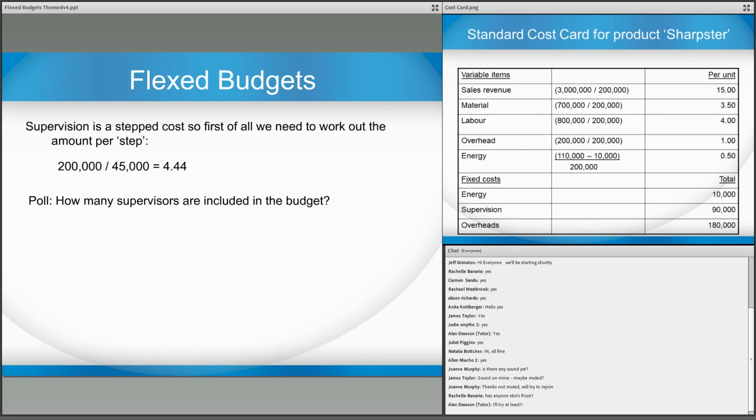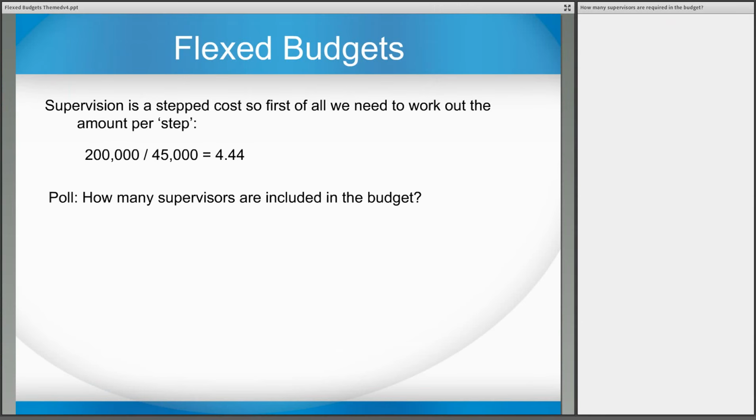A question. How many supervisors have we budgeted for? And here's your chance. There's a box that you can type your answers in. So how many supervisors do we think the budgeted cost applies to? Give you all just a couple of minutes to answer.